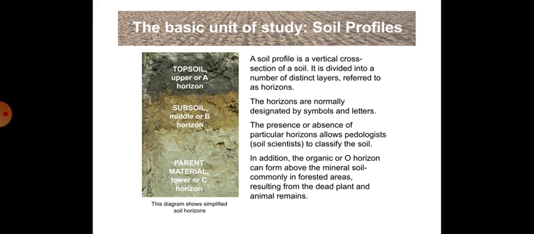In addition, the organic or O horizon can form above the mineral soil, commonly in forested areas, resulting from dead plant and animal remains. This diagram shows simplified soil horizons.